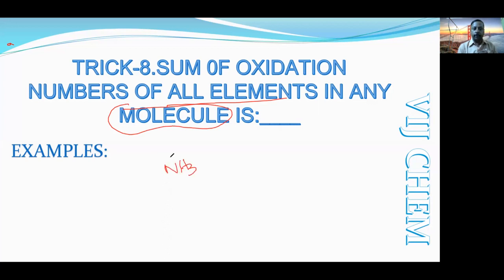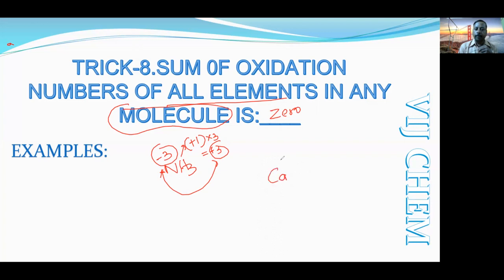Nitrogen's oxidation number will be -3, and hydrogen's oxidation number, as I just told you, is +1 for each hydrogen. Into 3, how much will you get? +3. So -3 when added with +3, how much are you going to get? 0. The sum of the oxidation numbers of all elements in any molecule is 0.